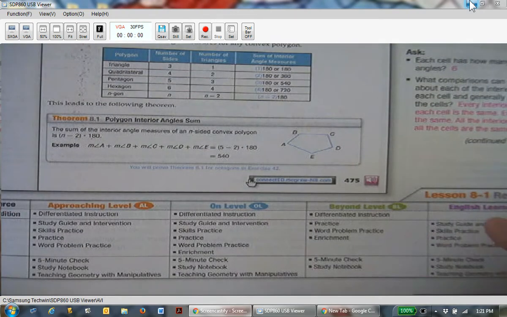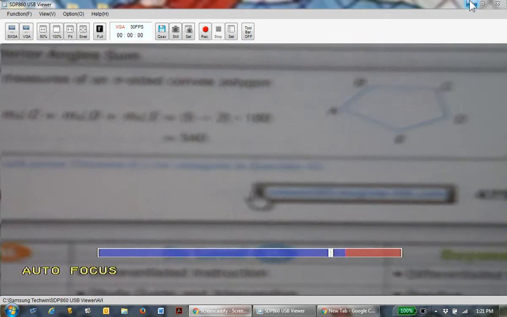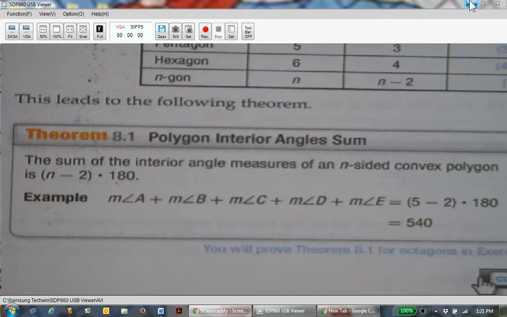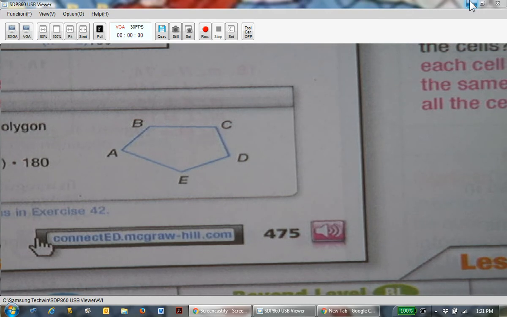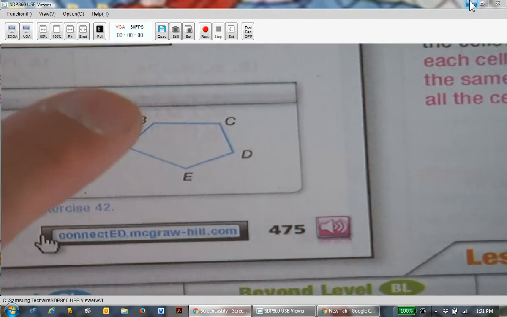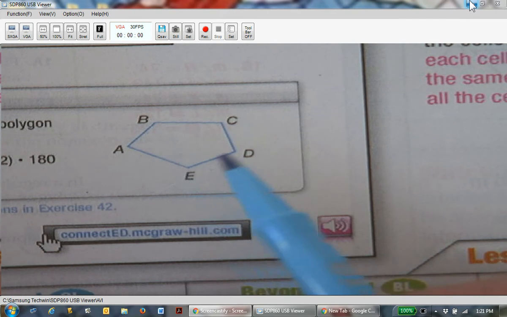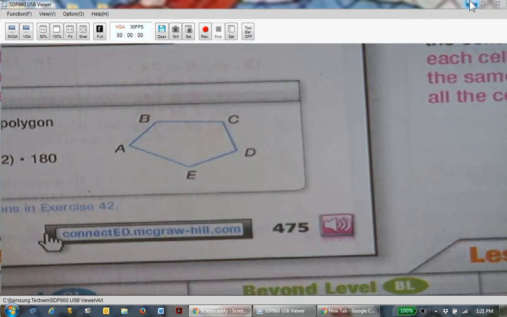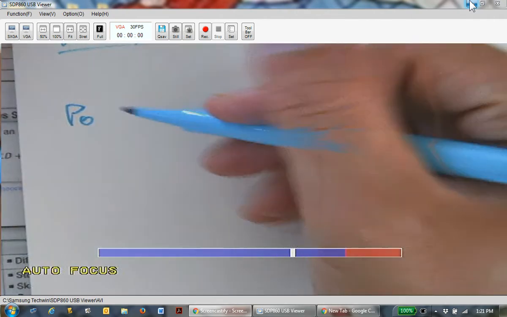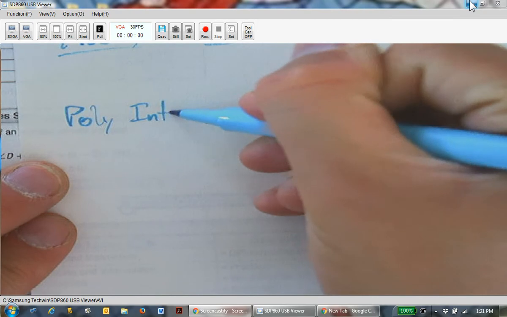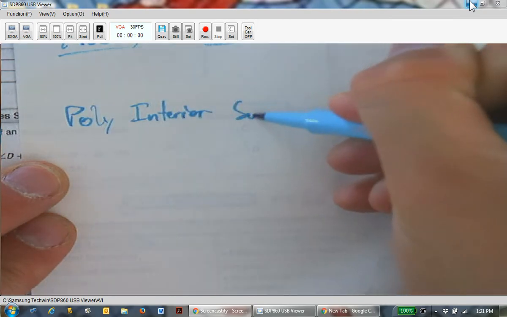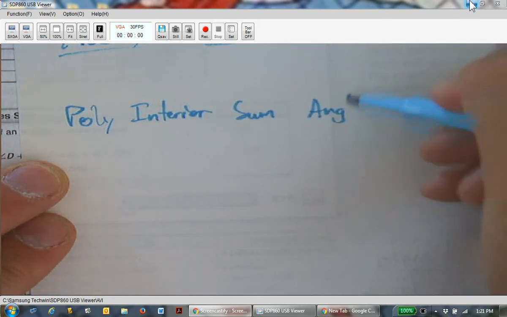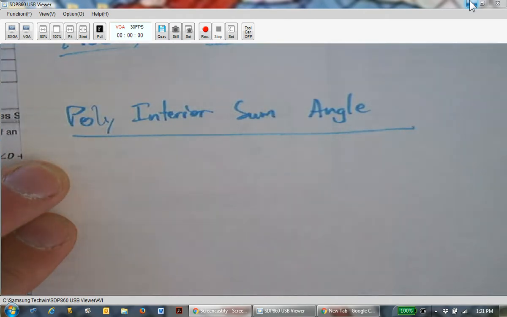This is what's called the poly-interior angle sum theorem. This looks really intense. You're like, whoa, I don't know what any of this means, okay? But it says this. I can find out how many degrees is in any shape I wanted to. So we're going to write the poly-interior sum angle. And let me know if this makes sense to you after what we just talked about.